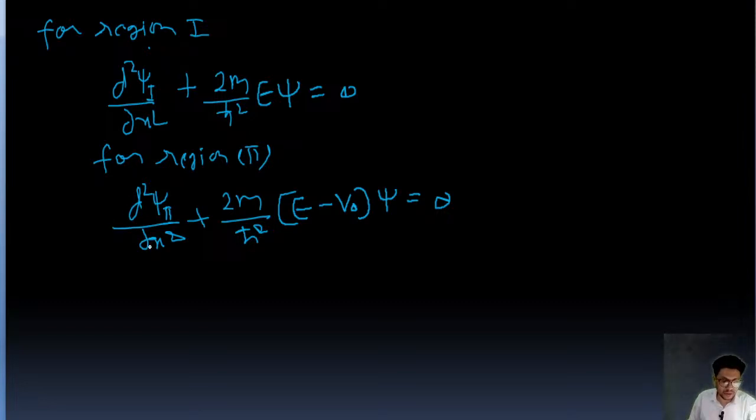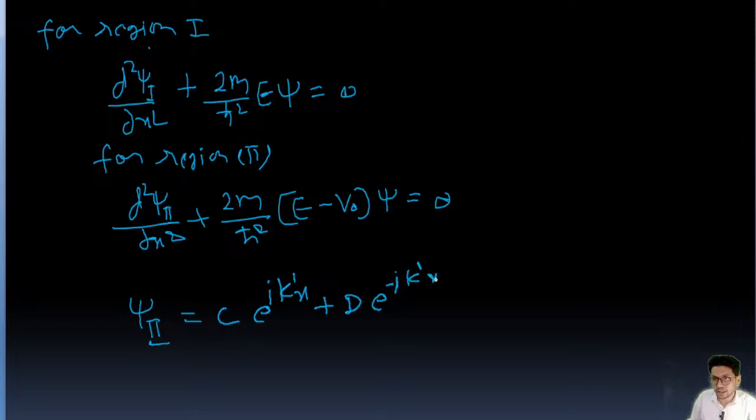And for the second region, the solution, which I have already explained, is psi 2 equal to C e to the power iota k dash x plus D e to the power minus iota k dash x, okay?